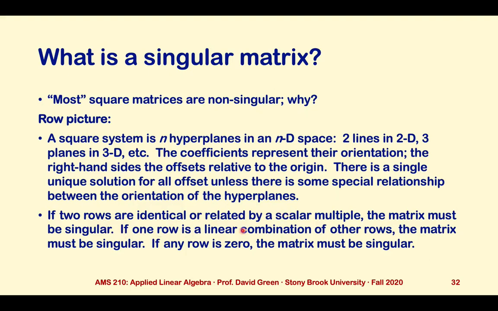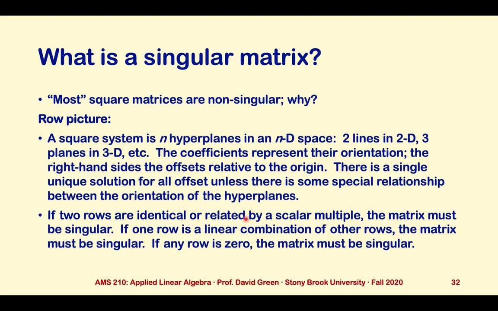Similarly, if 1 row is a linear combination of the others, the matrix also must be singular. The planes aren't necessarily parallel, but one of them is simply a linear combination of the others. It's not an independent plane. Of course, if any row is 0, the matrix must also be singular.